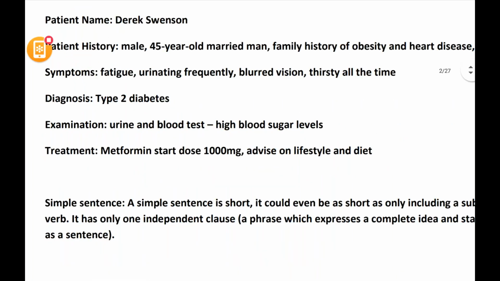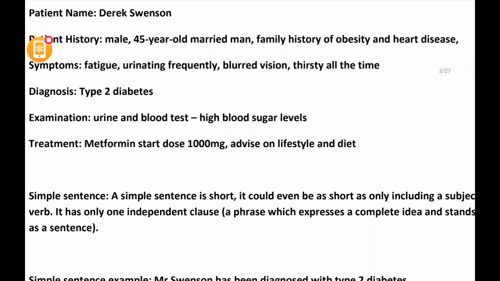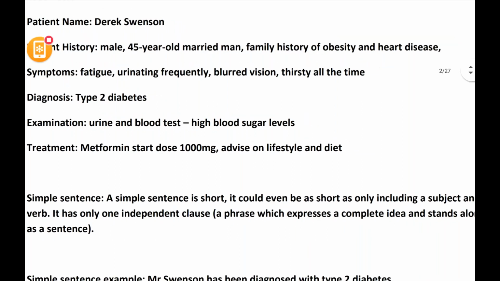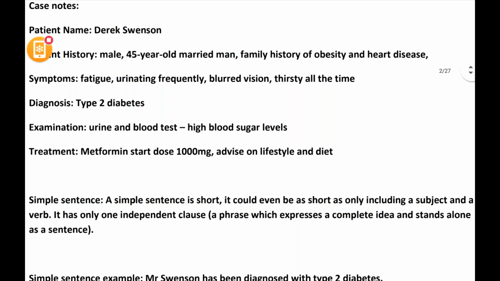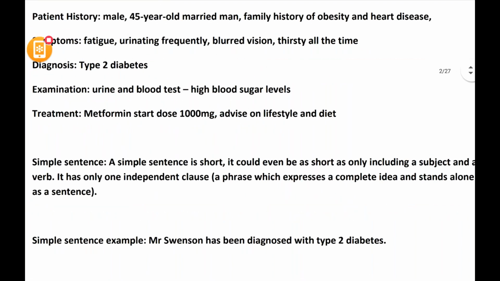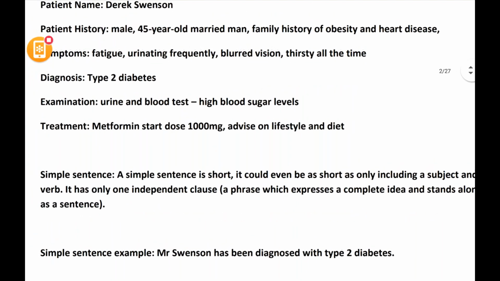Basically, a simple sentence is a short sentence, as I told you, in which subject and verb is included. That's it. And there is nothing dependent on each other. It has only one independent clause. So, for example, here it is, Mr. Swenson has been diagnosed with type 2 diabetes.